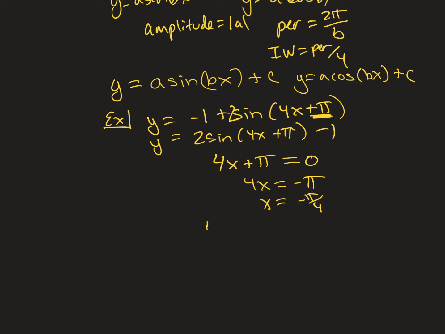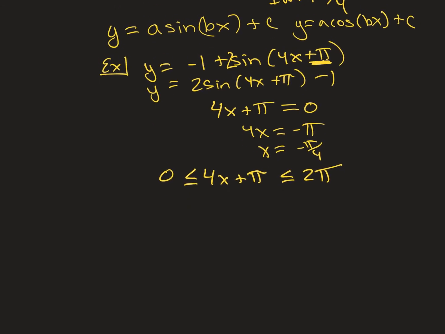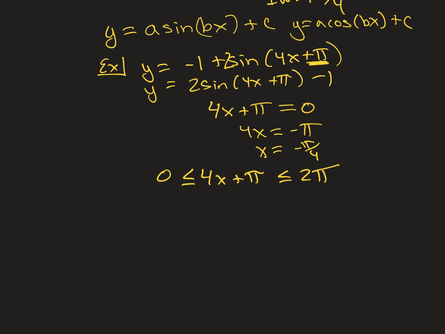Well, with this transformation, I'm going to set what's inside sine between the extremes of that one period that I normally would graph. If I solve for x here, this is the first angle I'm going to plot to get one period, and the last angle I'm going to plot, subtracting pi and dividing by 4, is pi over 4.